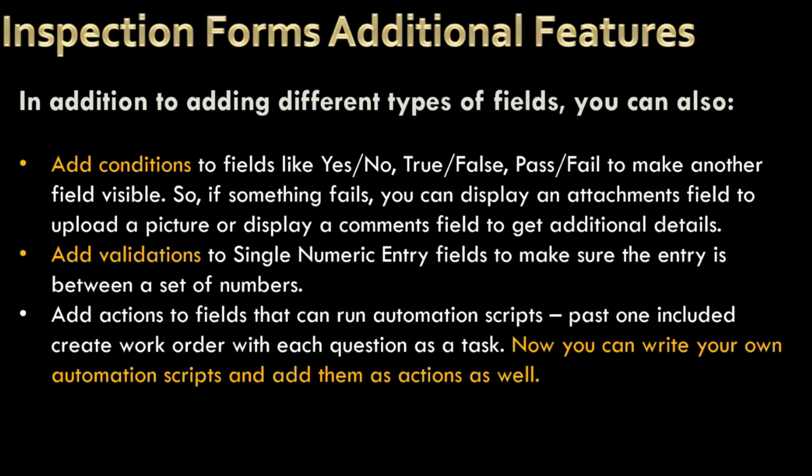There was one automation script already in the system that we could just simply turn on, and we turn on these actions and we connect that automation script to the form and off we go.